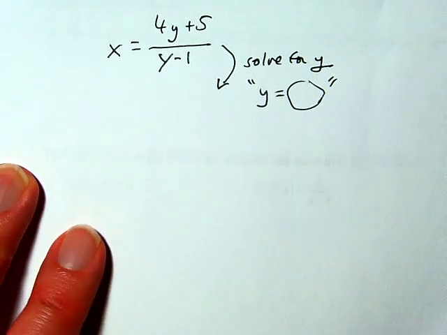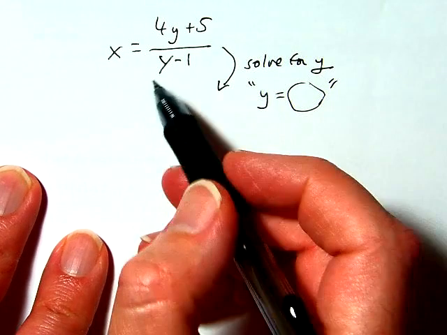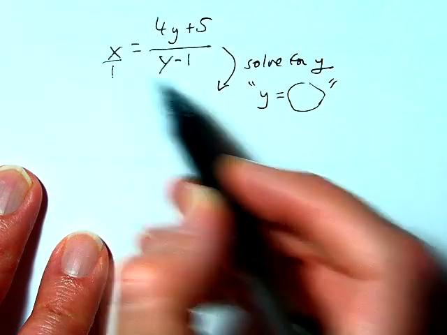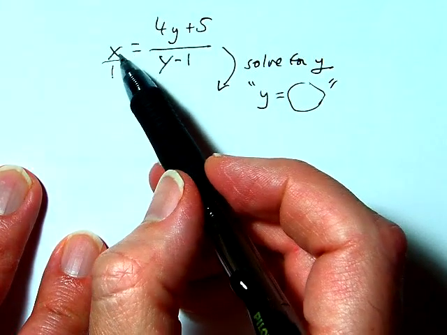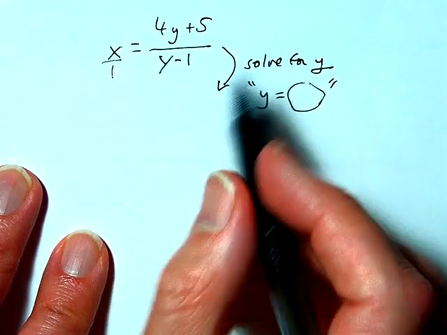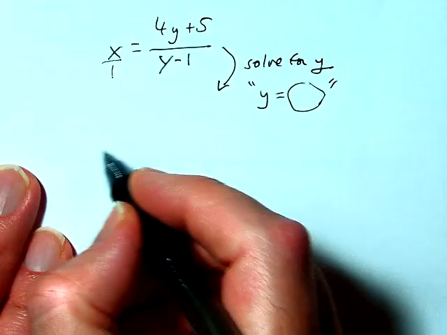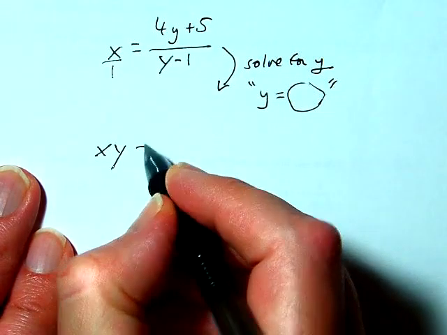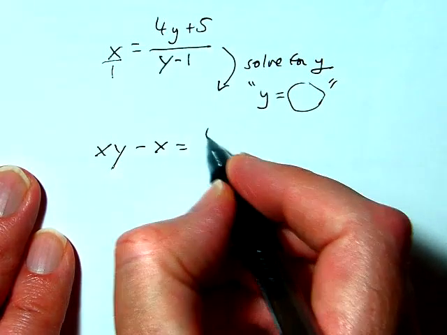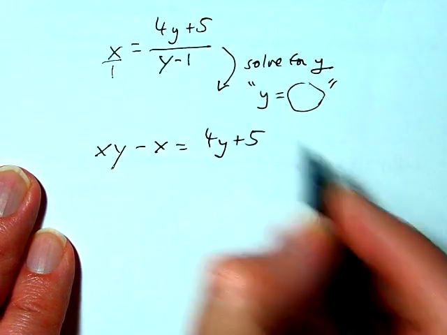So let's go ahead and start. When you have a fraction like this, we want to try to clear the fraction. Let's cross multiply. The left side of the equation is x over 1, and now I'm going to cross multiply and see what we get here. So we've got x times (y minus 1) equals, and we're just multiplying (4y plus 5) times 1.